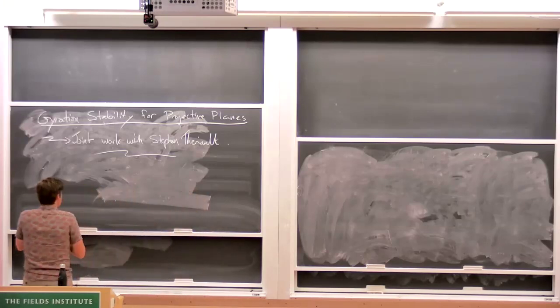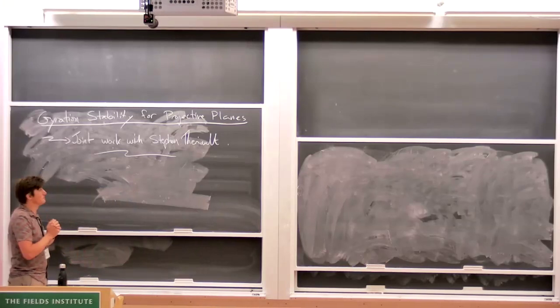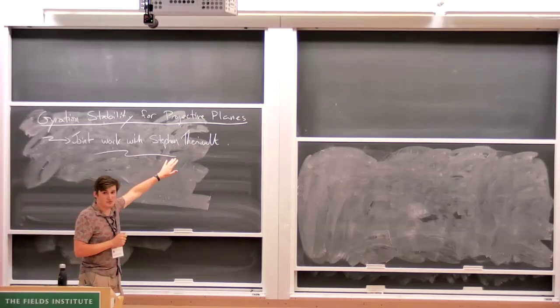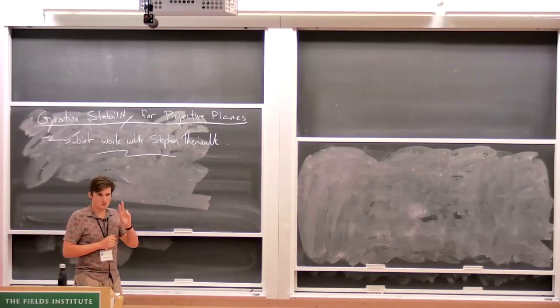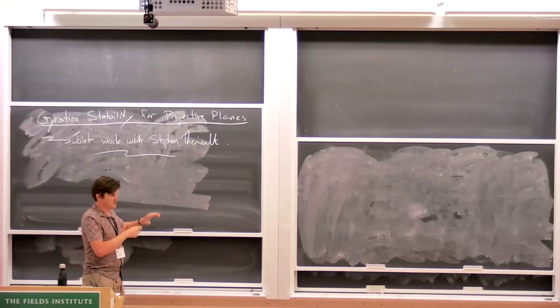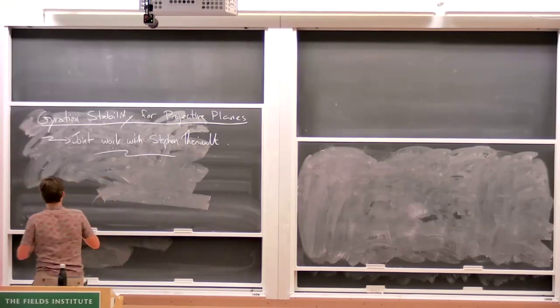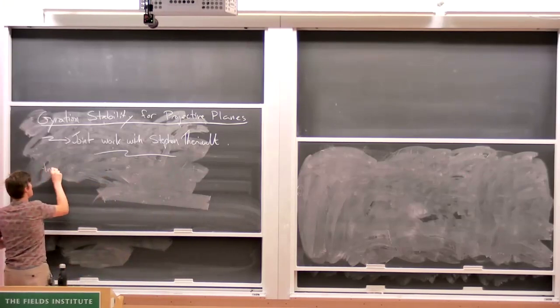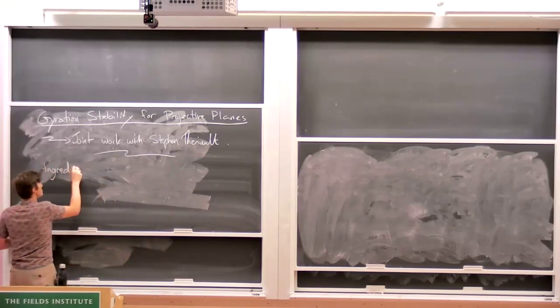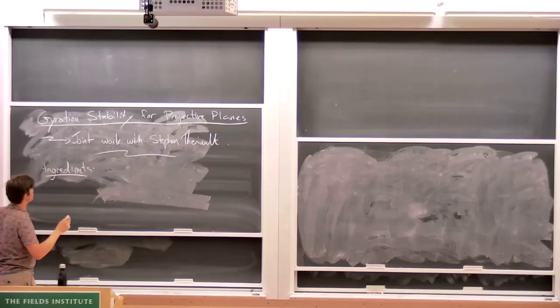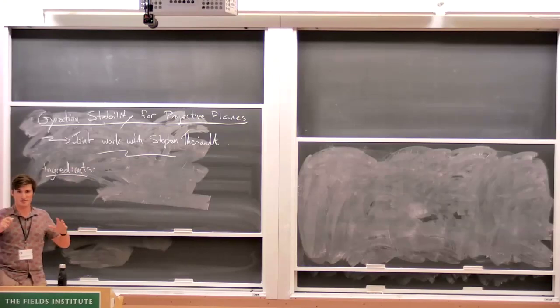Everything I'm going to say, well, most of it, is joint with Stephen. There are maybe one or two places where it's different; I'll make that clear. So we start with the ingredients. What do I need to gyrate?